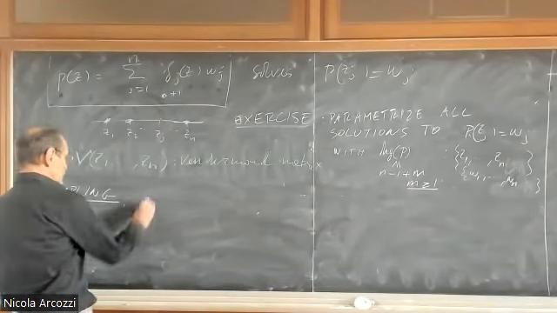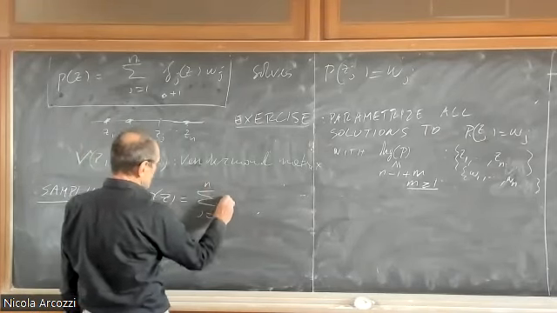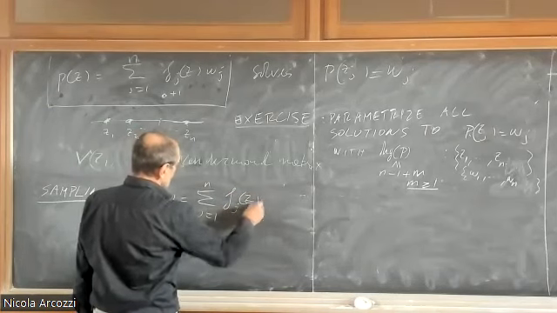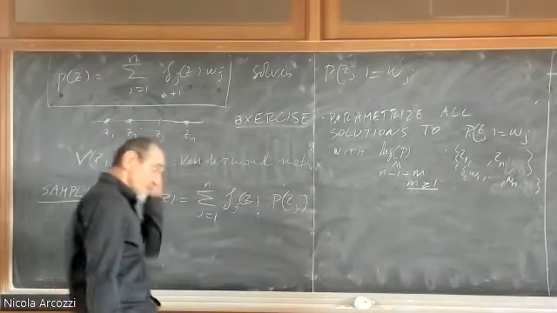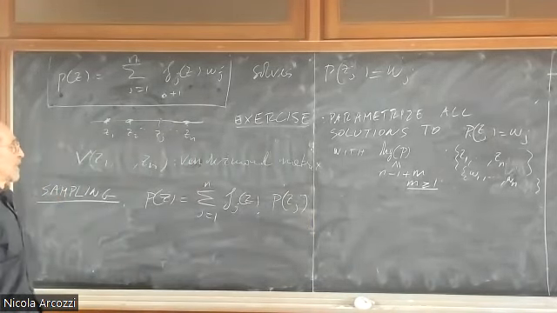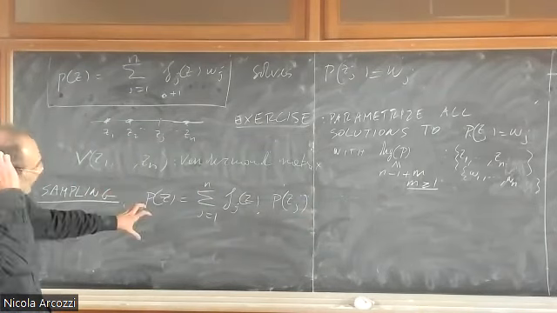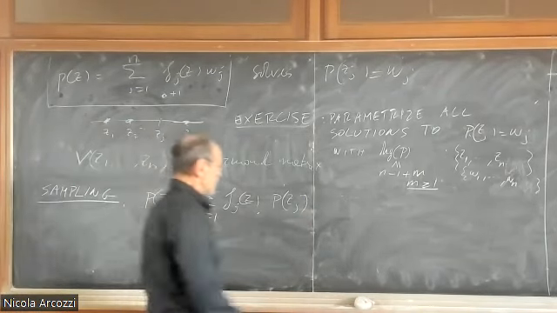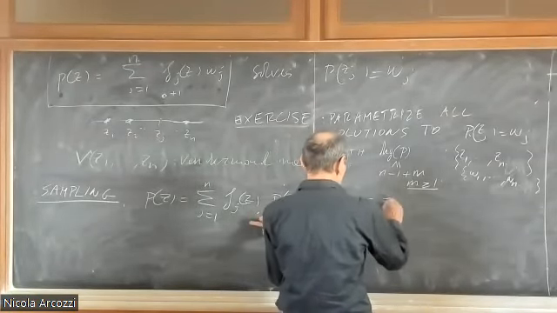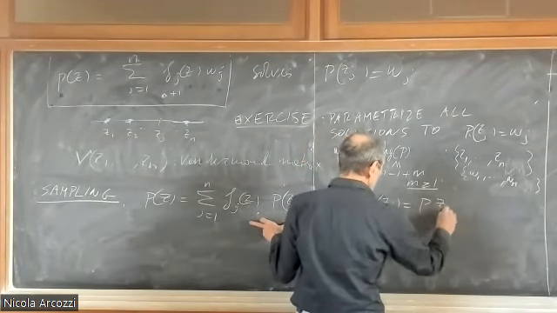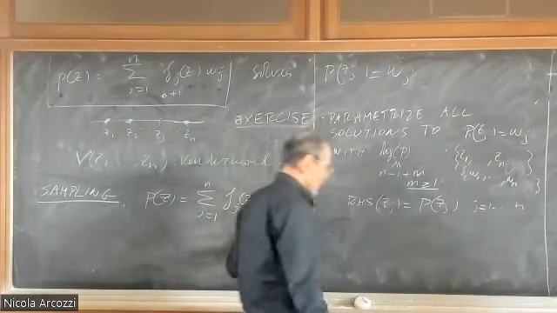The formula will be P of z is equal to the sum for j from 1 to n of f_j(z) times P of j. Because, okay, the right-hand side computed at that j is equal to P of z_j for j from 1 to n.